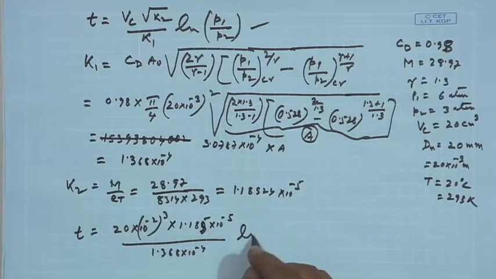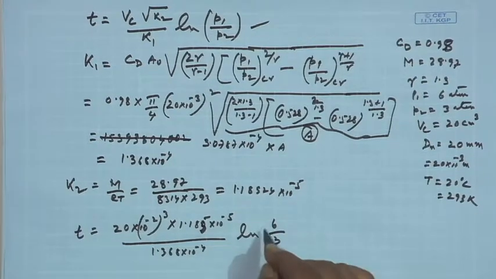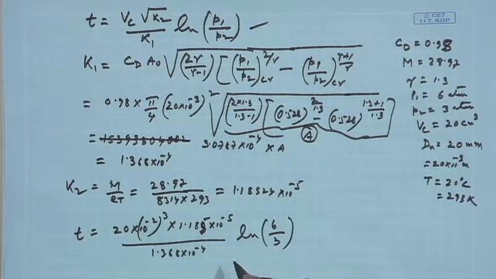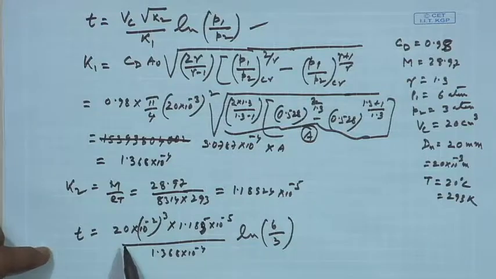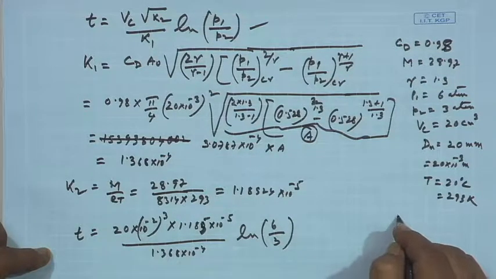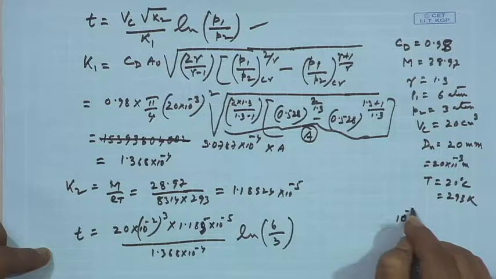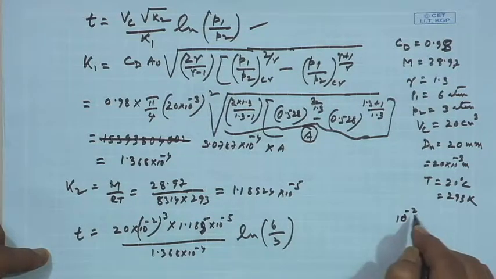Ln of P1 by P2, P1 is 6, initial, final is 3, right? So, if this is true, then we can write that Vc is 20 centimeter cube. So, 10 to the minus 2 or minus 6.